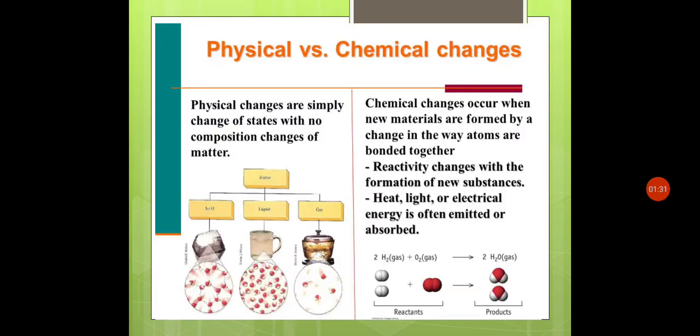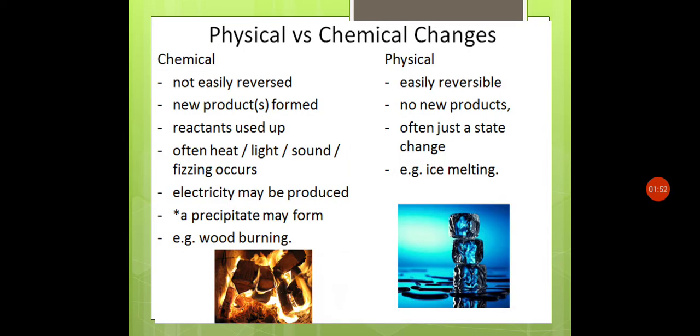Physical changes are simply changes of state with no composition change of matter, while chemical changes occur when new materials are formed by a change in the way atoms are bonded together. Reactivity changes with the formation of new substances. Heat, light, or electrical energy is often emitted or absorbed. Chemical change is not easily reversed, while physical change can easily be reversed.